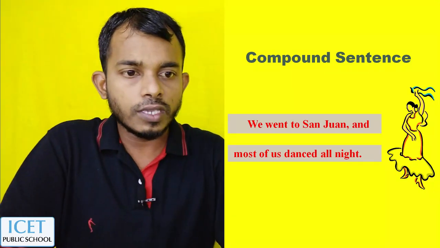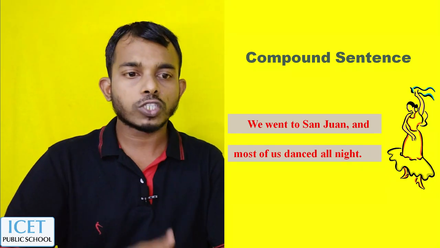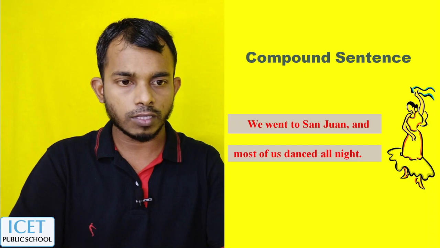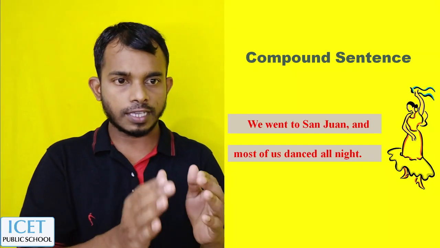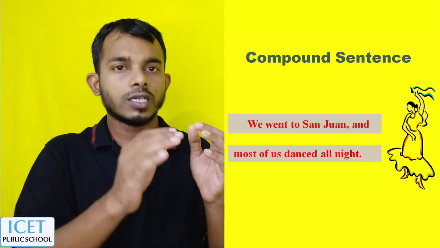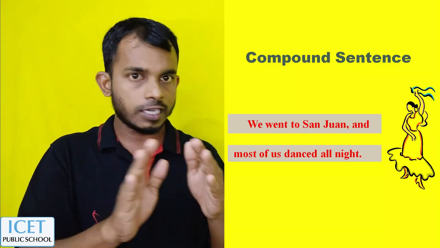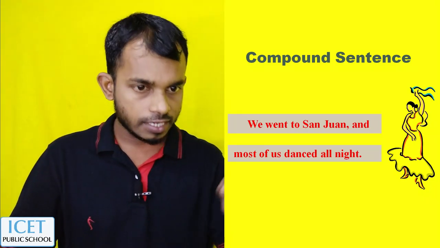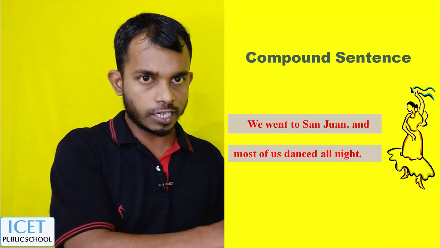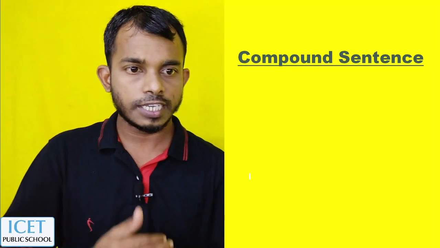Look, compound sentence. The example is this: we went to St. John and most of us danced all night. You got the example. The first part, before the comma, is an example of a simple sentence: we went to St. John. The sentence has not been completed, so again we added a second clause: and most of us danced all night.